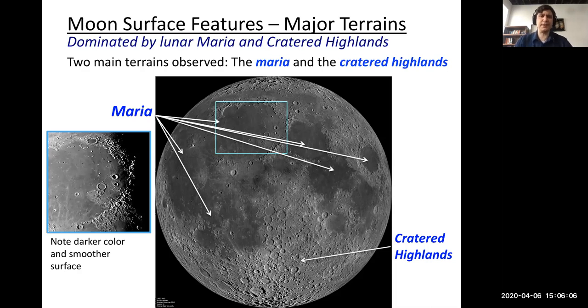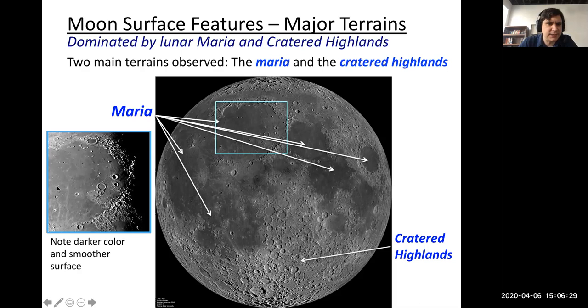And they thought they might be these giant dark seas. They actually thought maybe liquid water. We know that's not the case, but they still carry the Latin name for sea, mare, that would be the singular, so this would be a mare. You take all of them together and you're talking about the maria. So these darker areas are what we call the lunar maria.